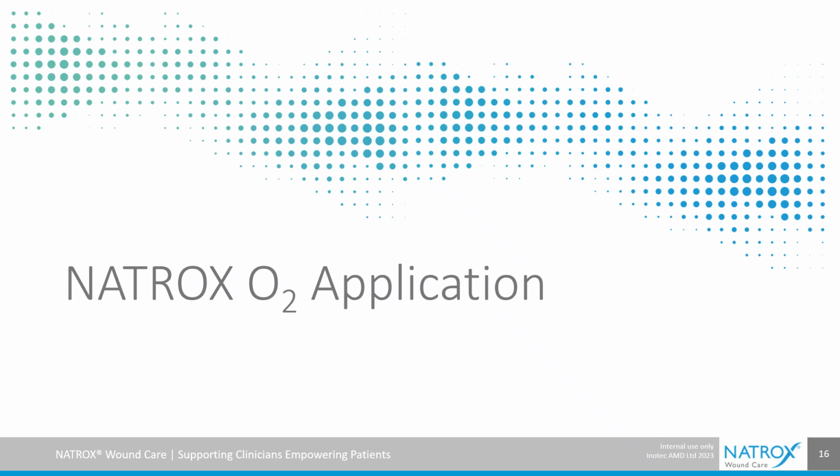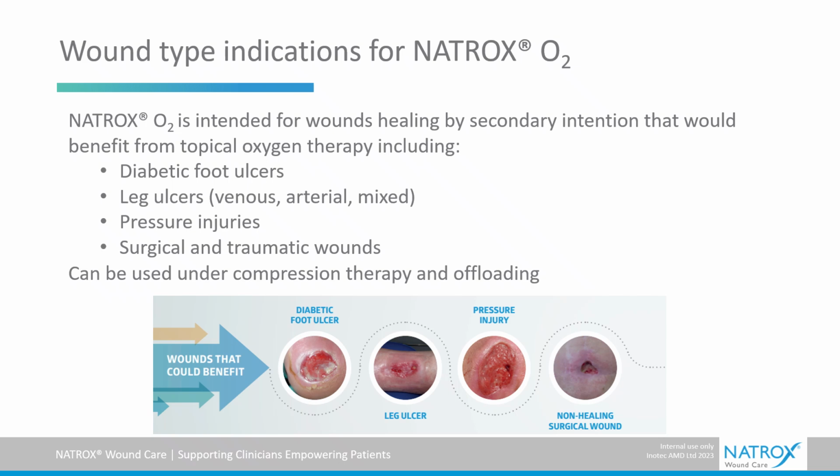Let's talk about application of NATROX topical oxygen therapy. NATROX topical oxygen therapy is intended for wounds healing by secondary intention that would benefit from supplemental topical oxygen, which includes diabetic foot ulcers, leg ulcers of venous or arterial or even mixed nature, pressure injuries, and also surgical or traumatic wounds.